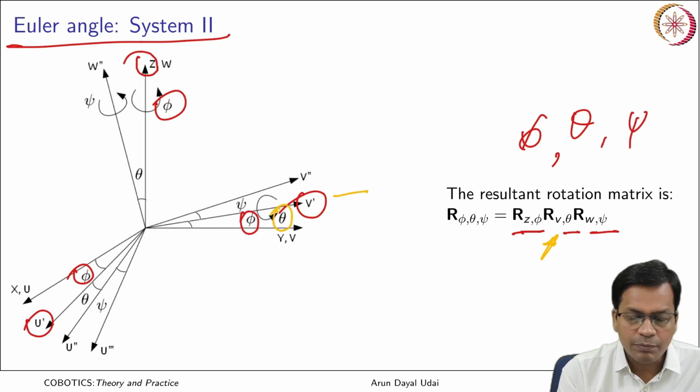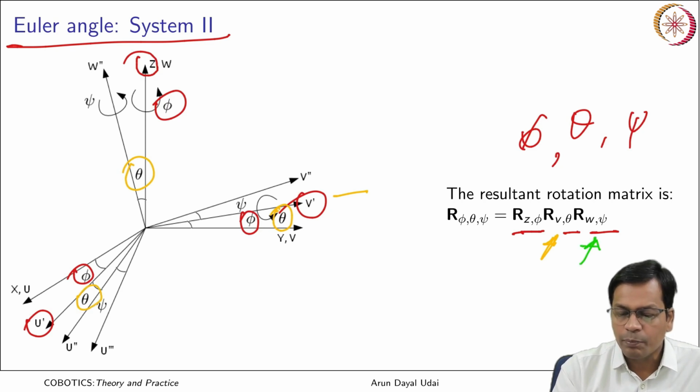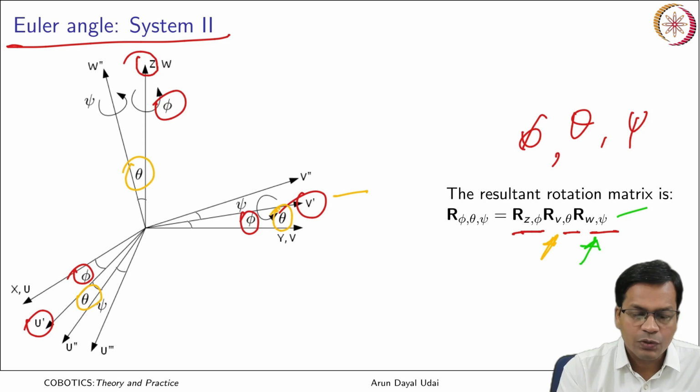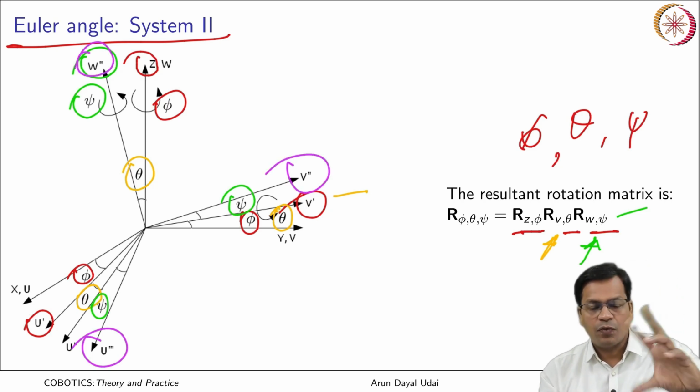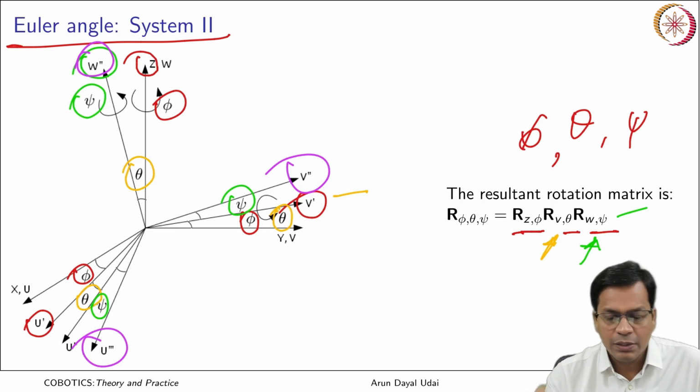This comes out by an angle theta, and the third one is about w by an angle psi. So about w by an angle psi, this comes out by psi further. So the final orientation is given by this, this and this. These are the final orientation of the system.